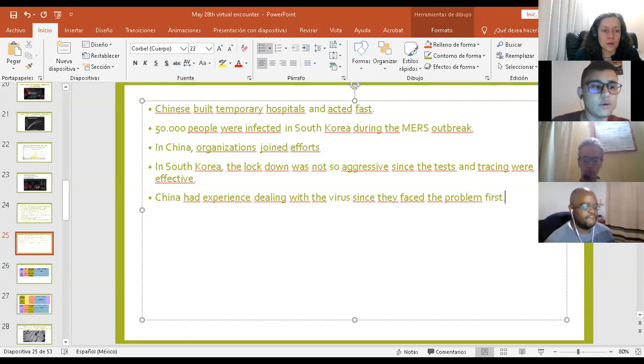However, teacher, we can't deny that China is a great country. They have a lot of resources, and that is an advantage too. Exactly. So they are able to build temporary hospitals very fast. They have the money to do so.